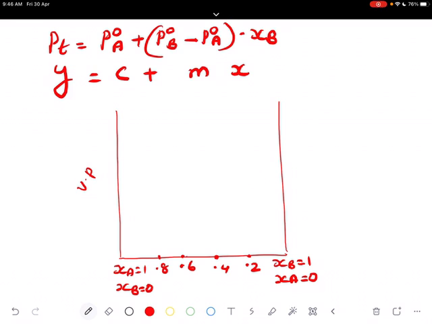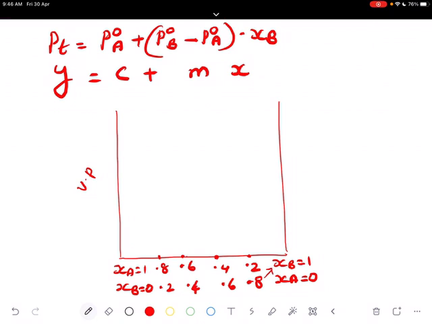Or if you are increasing XB, that is 0.2, then 0.4, then 0.6, then 0.8, then XB is equal to 1.